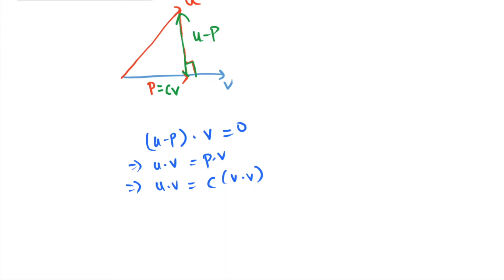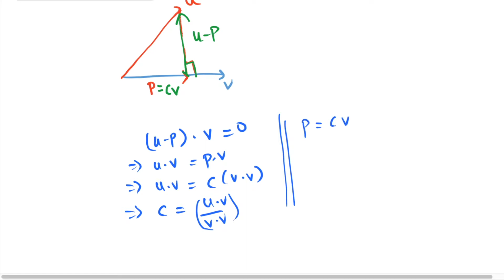Which would imply c is equal to u dot v by v dot v. And hence p is equal to cv, which is u dot v by v dot v times vector v.